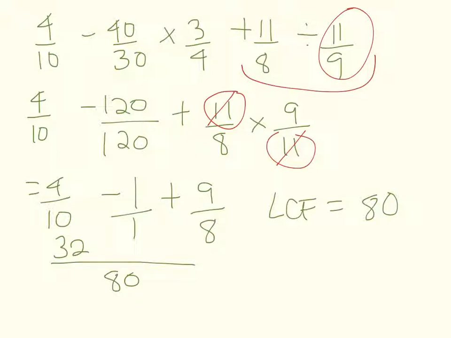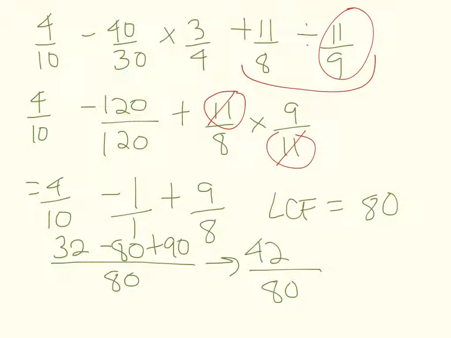With that 1, we had to multiply it by 80 to get 80, so we're going to do the same thing with the negative 1, and it's going to give us a negative 80. And with the 8, we multiplied that by 10 to get a denominator of 80, so we do the same thing with that 9. So 9 multiplied by 10 will give us that 90. So now if we just add our numerators together, we get 42 over 80.